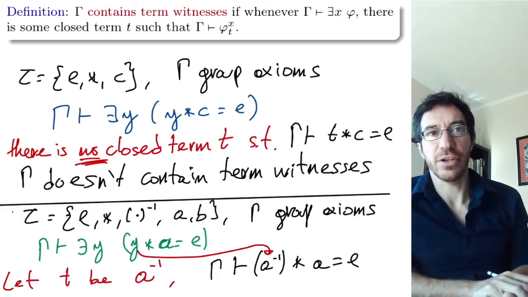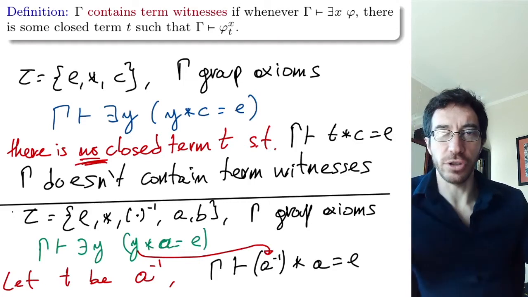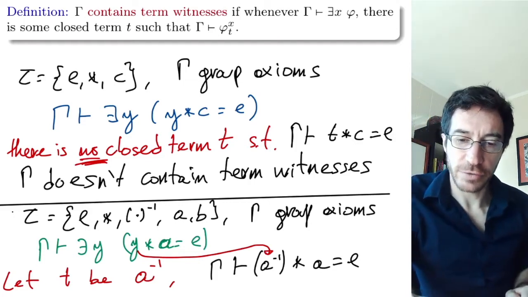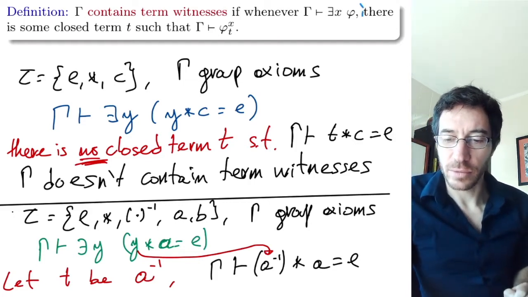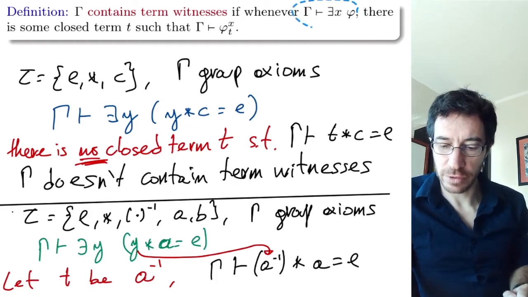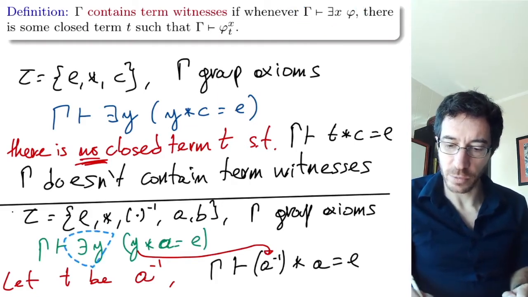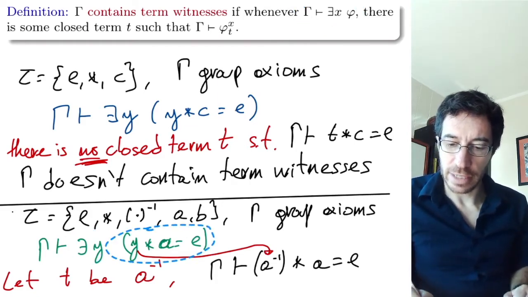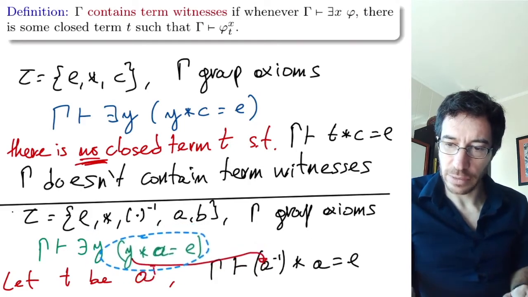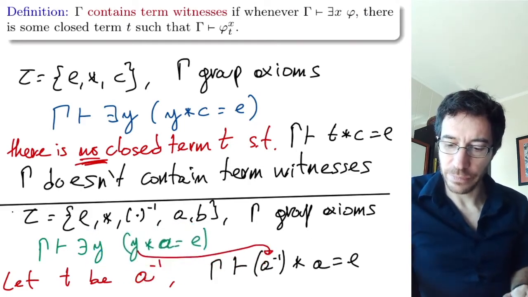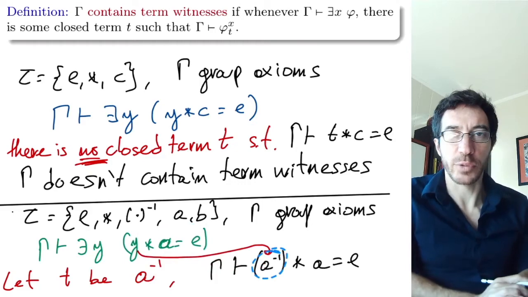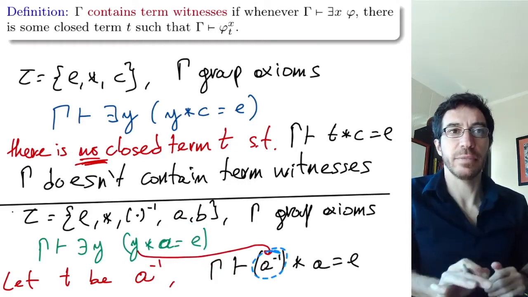That doesn't mean that it contains term witnesses for all existential terms of this form, but this is an example of one where it exists. Gamma proves something of this form, right? This one has the form there exists y such that something, and then in that something you can replace the y by a term, and gamma proves that. So gamma has a term.